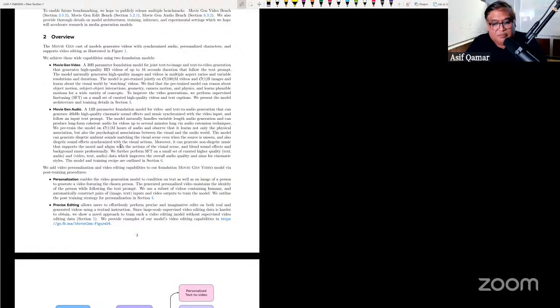The model is pre-trained jointly on the order of 100 million videos and 1 billion images. Just think of the sheer scale of data that has gone into training this model, in which the model essentially watched all of these videos.